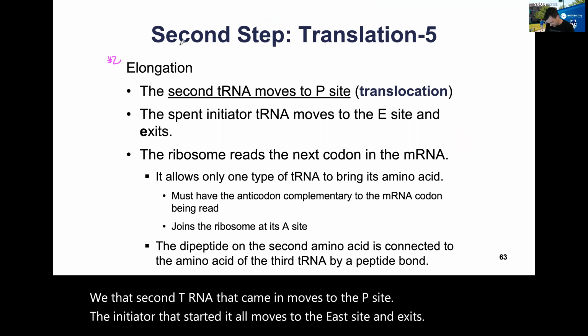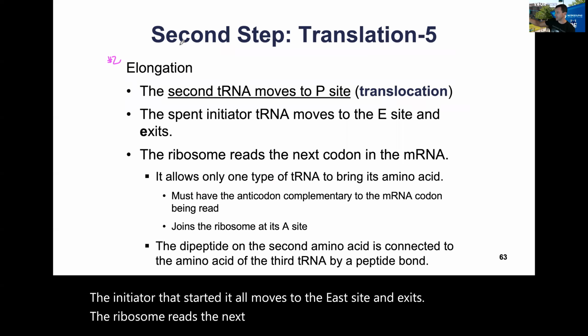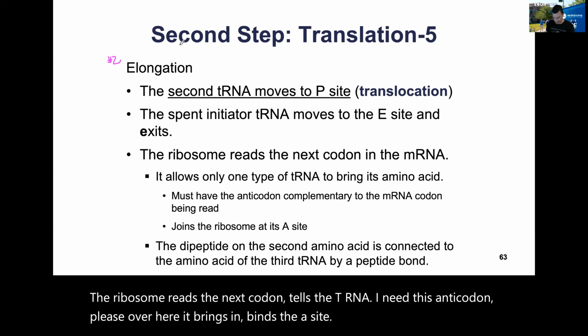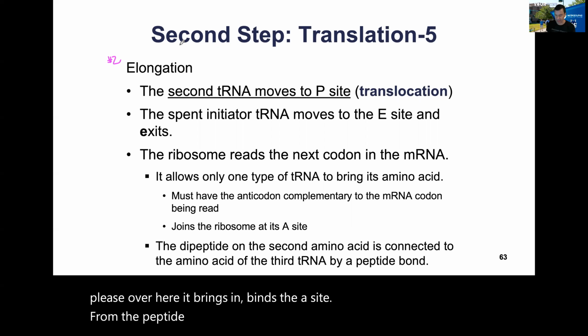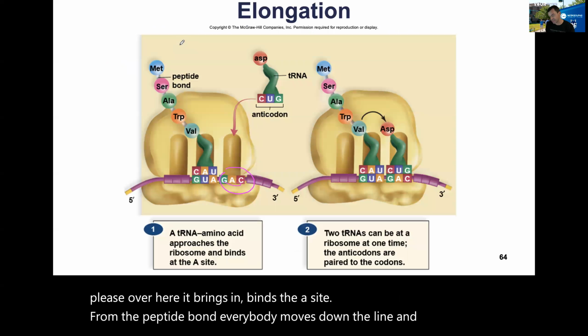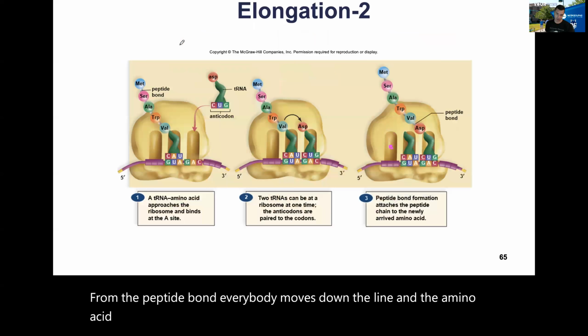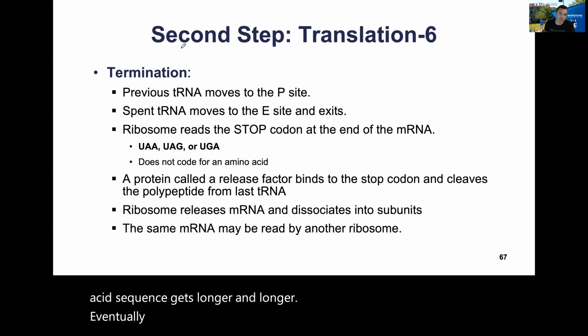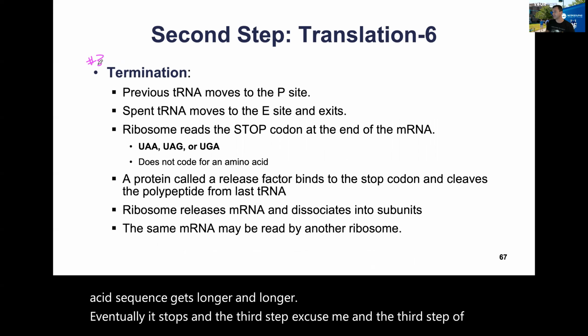The ribosome reads the next codon and tells the tRNA, I need this anticodon, please, over here. It binds to the A site. From the peptide bond, everybody moves down the line, and the amino acid sequence gets longer and longer. Eventually it stops.